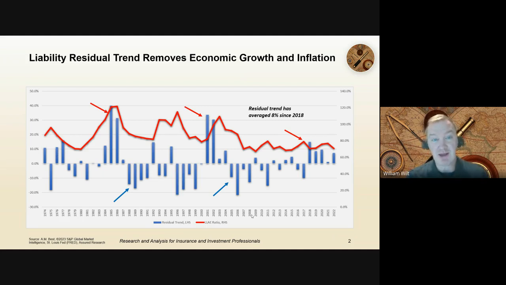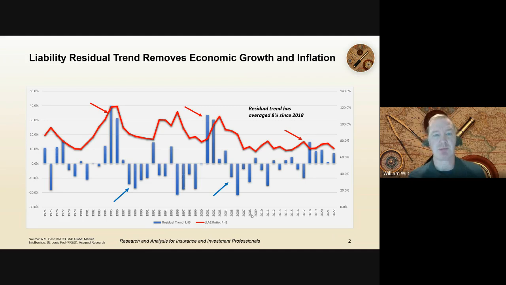And you see that periods of social inflation, marked by the red arrows there, in particular the mid 80s, early 2000s, and most recently over these last 4 or 5 years, especially in the 80s and 90s, really correspond to a sharp increase in the liability loss ratio. And there are other areas where the residual trends are rising, and that corresponds to an uptick in the liability loss ratio.